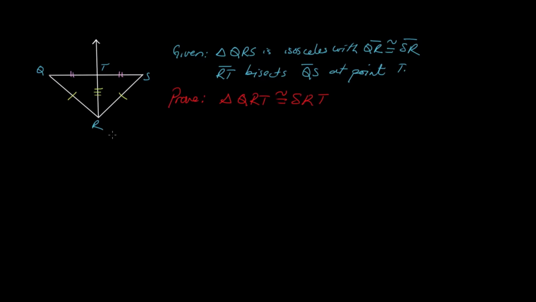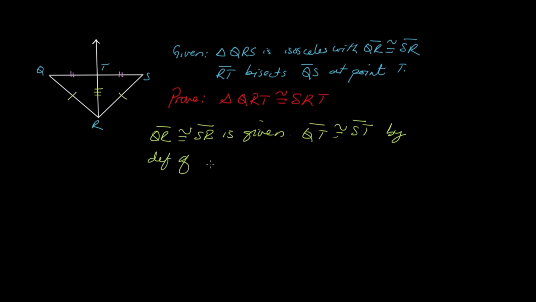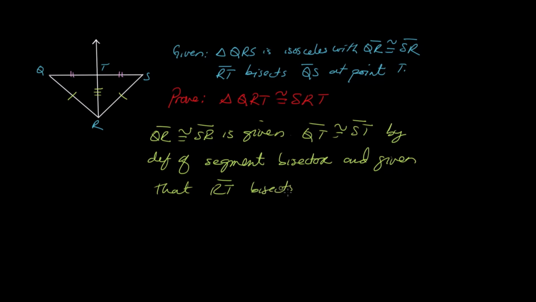Again, this is a flow proof, so we say that QR is congruent to SR. This is given information. And then we can say QT is congruent to ST by definition of segment bisector, and given information, given that RT bisects QS.